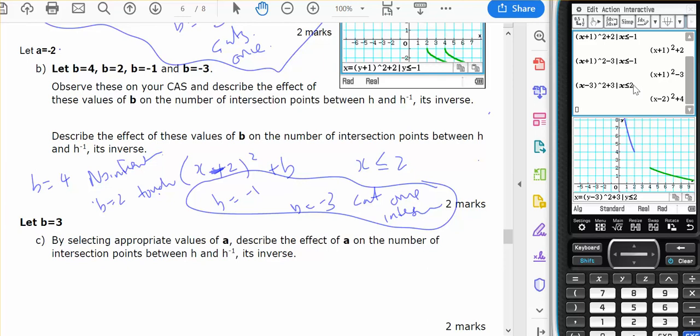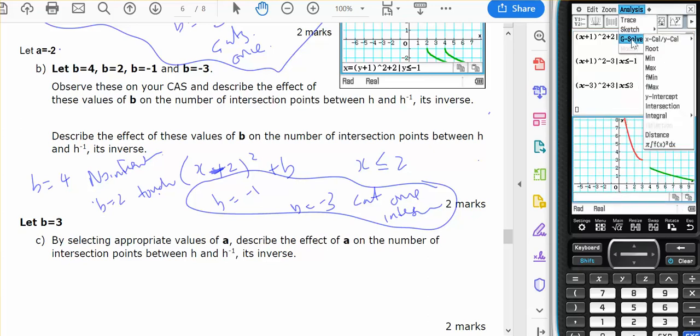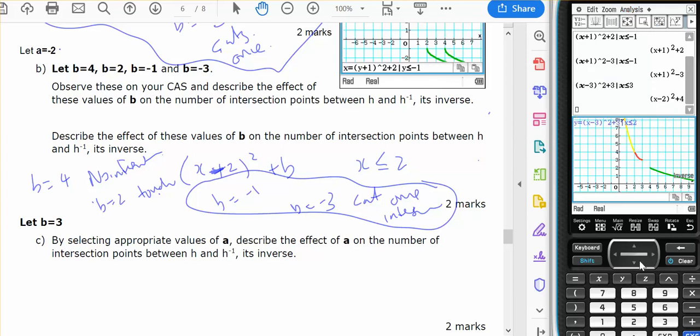Oh, I didn't change that to 3. Much better. And then if I do analysis, sketch, inverse of the red one, so go down 1, there it is, and that's correct, that's what happened. So when a equaled -3, therefore touch.